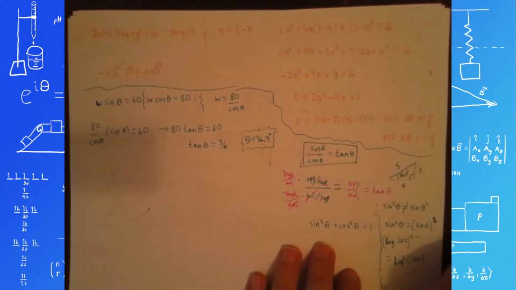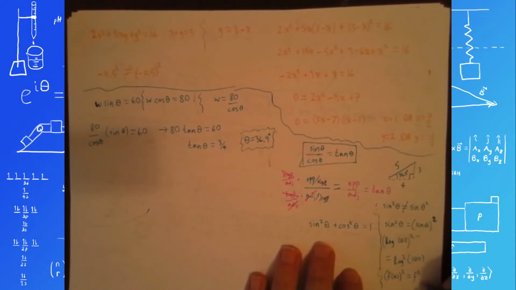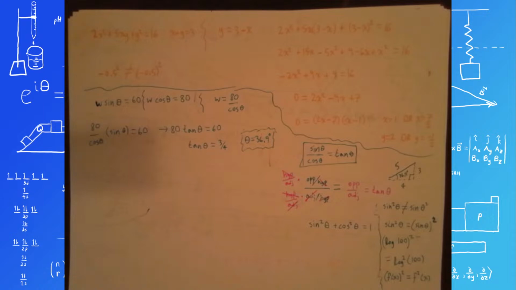In general, if I want to square f of x, I would write f squared of the thing I want to apply the function to. The order is you plug the thing into the function and then you square. The function squared of the argument just means you apply the function to the argument first and then you square. So that's explaining the notation for those of you who haven't finished pre-calculus yet.